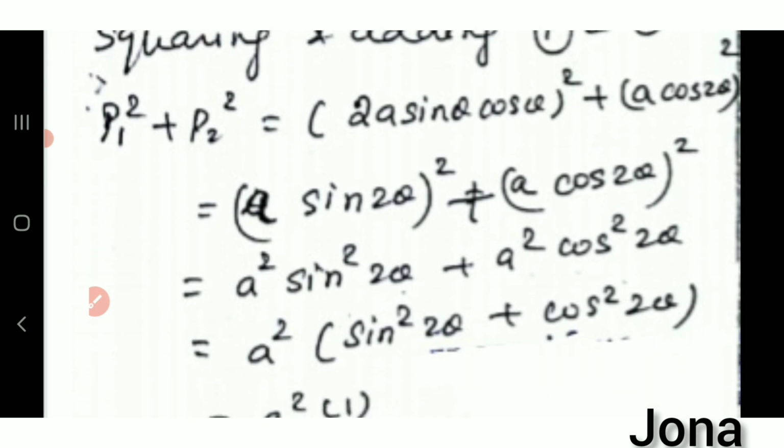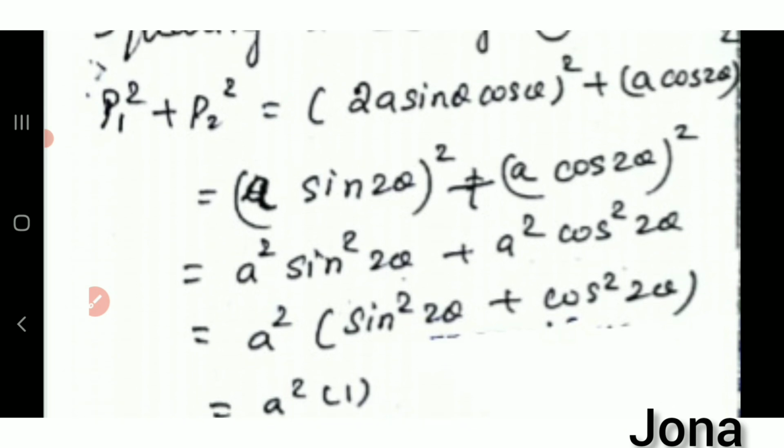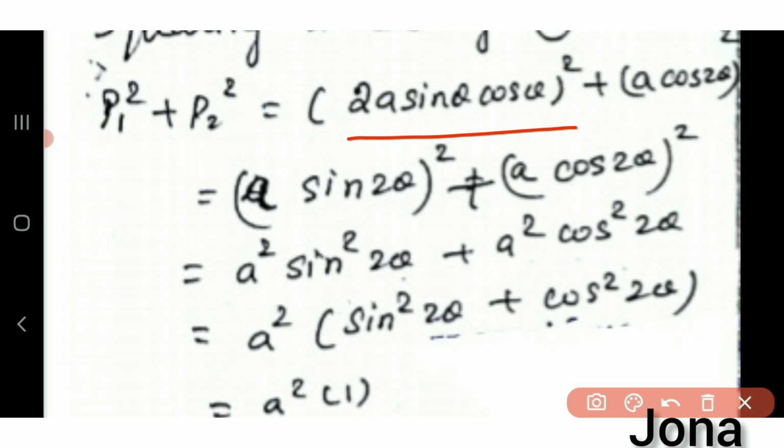The value of P1 is 2a sin theta cos theta the whole square, plus value of P2 is a cos 2 theta the whole square. Here keep this a as it is. 2 sin theta cos theta can be written as sin 2 theta, plus a of cos 2 theta the whole square.